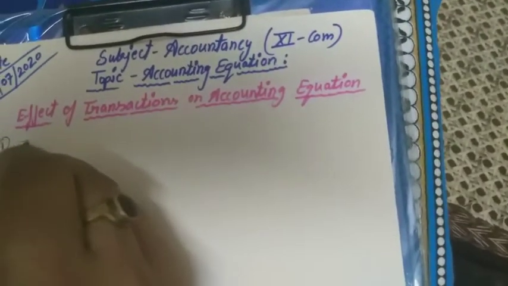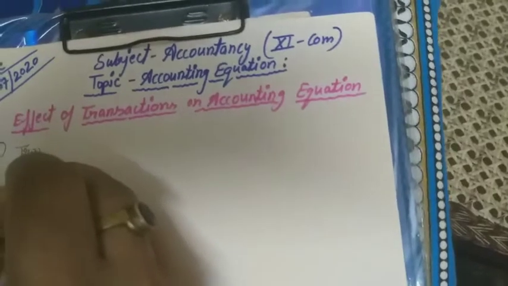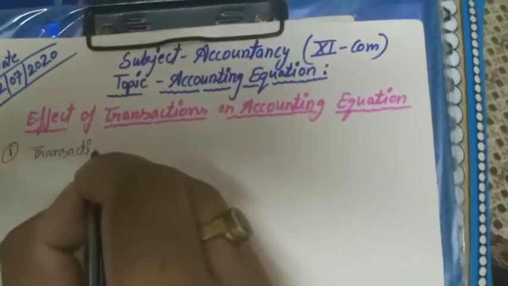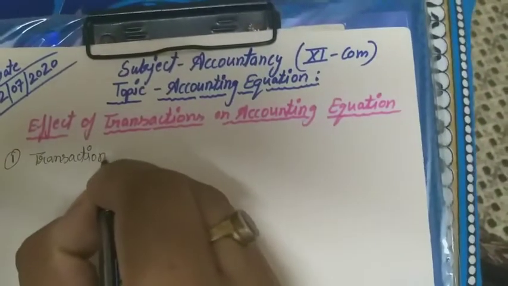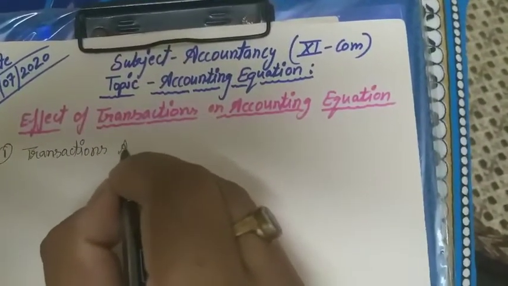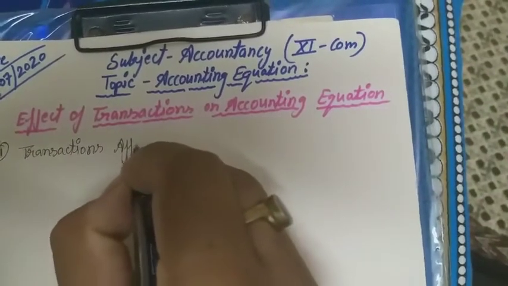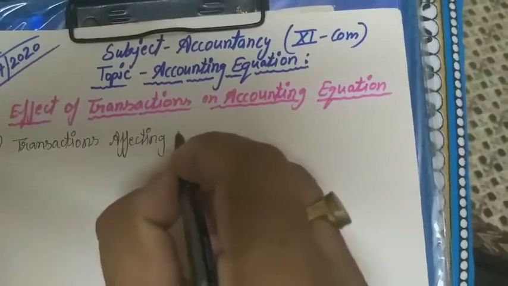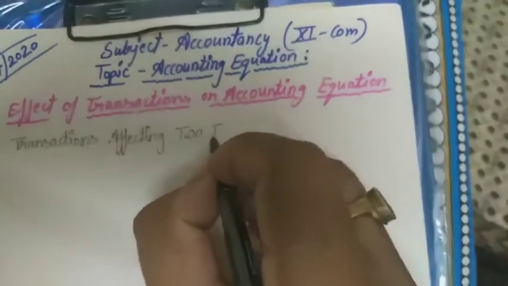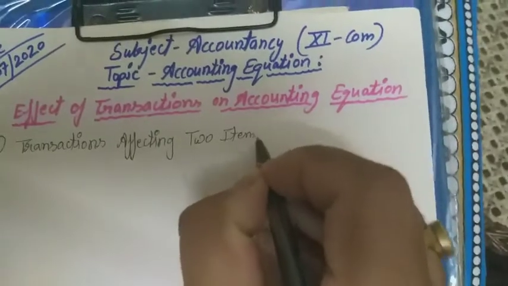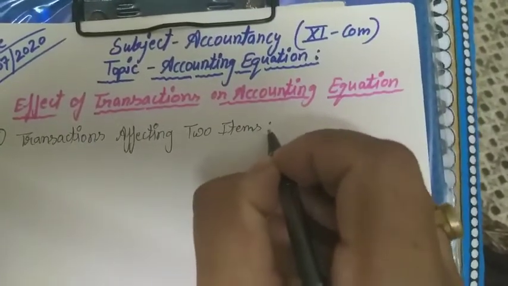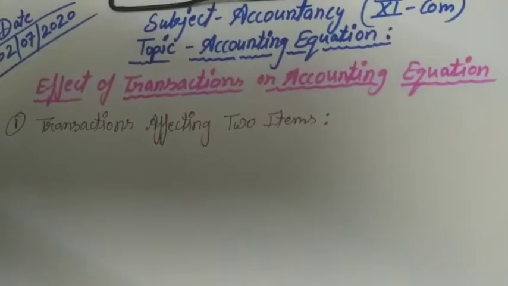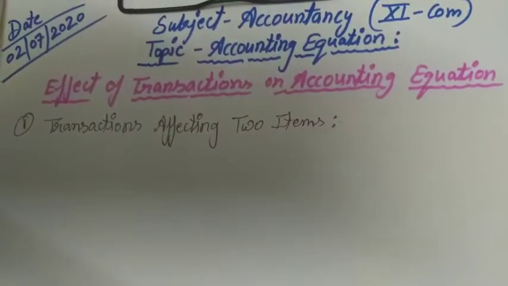transactions affecting two items. When one transaction affects two items.